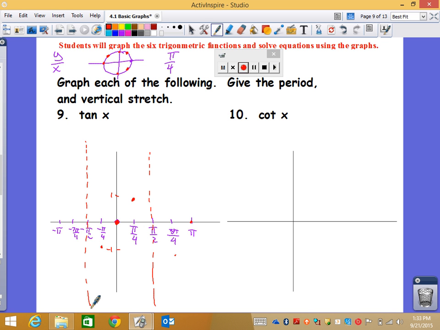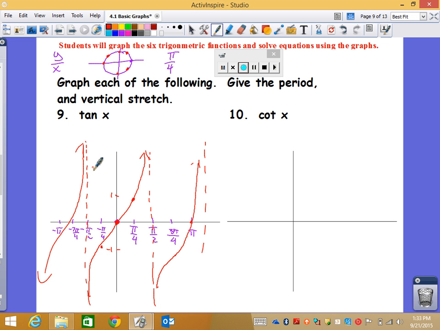And we can keep doing that over and over again. We're going to get a graph that looks something like this. And it repeats itself. You'll notice we have another asymptote over here at 5 pi over 4. But you kind of get the idea. It follows over here as well. And we'll go a little bit more in depth on this in class.